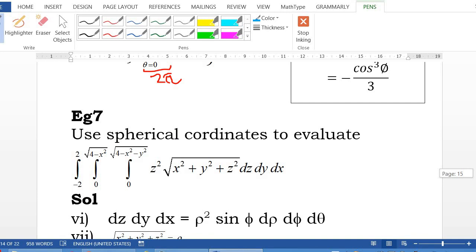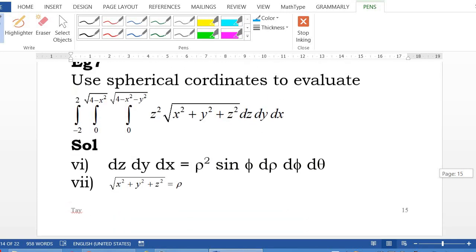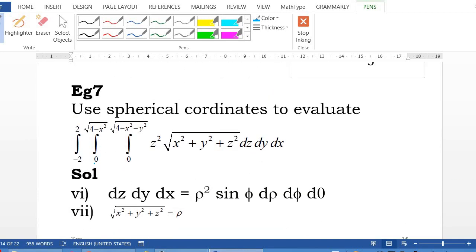Okay, the next example, the same as example 6, but this one, z from 0 until z equal to square root of 4 minus x squared minus y squared. The limit for z tells you it is still an upper hemisphere solid, but is it a full upper hemisphere? You have to confirm it from the limit for y.